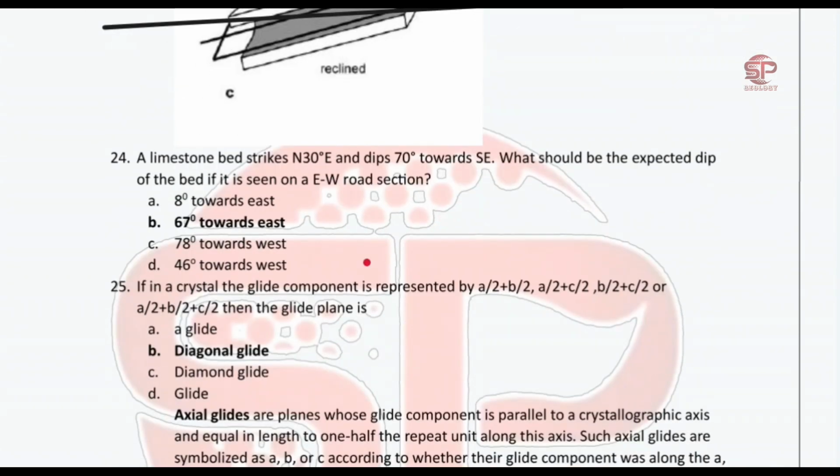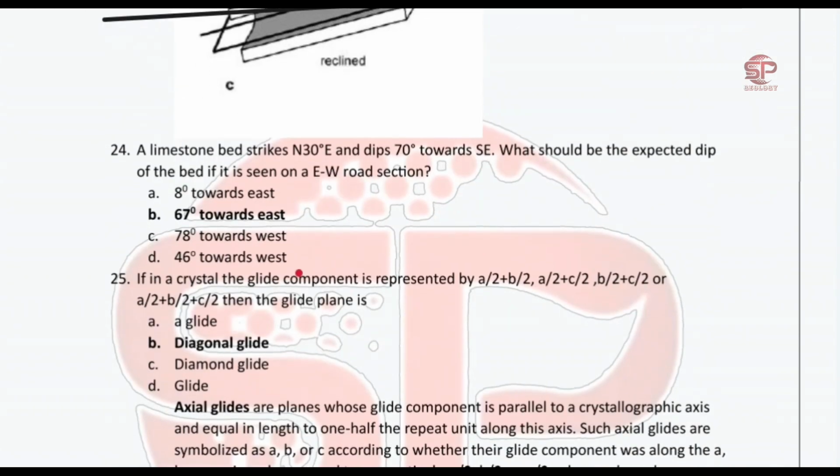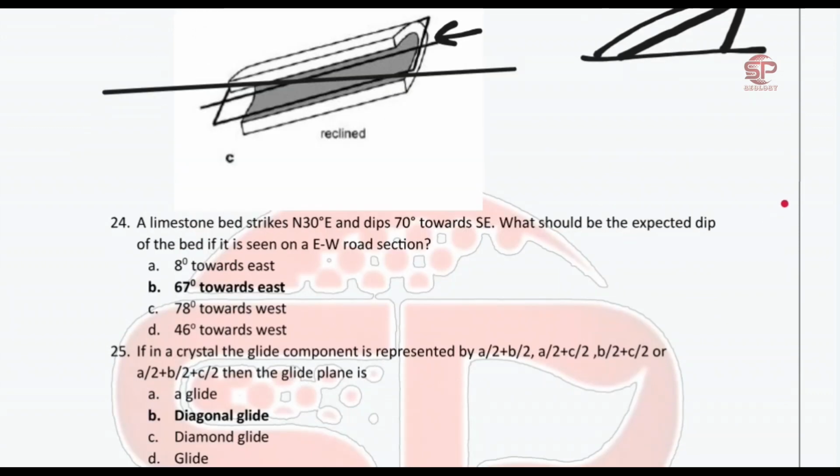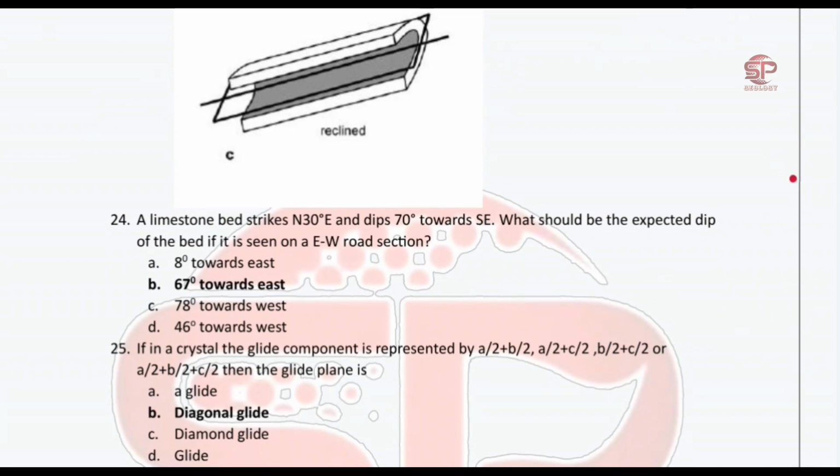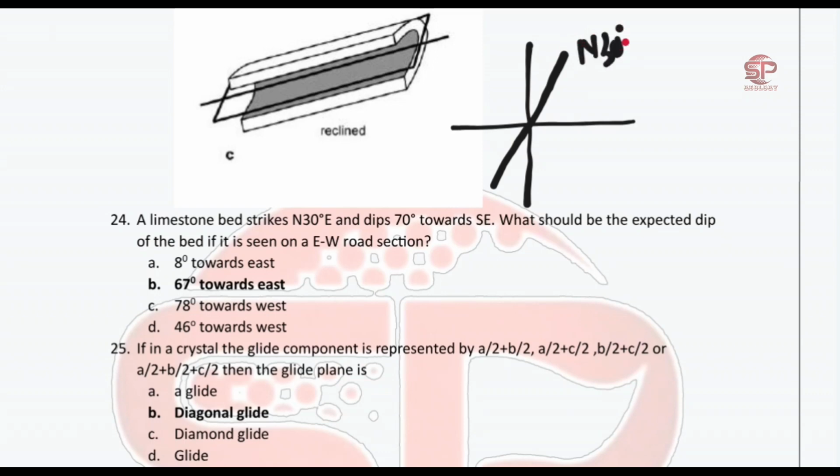Now, a limestone bed strikes 30 degrees and dips 70 degrees towards southeast. So the limestone bed strikes north 30 degrees east.